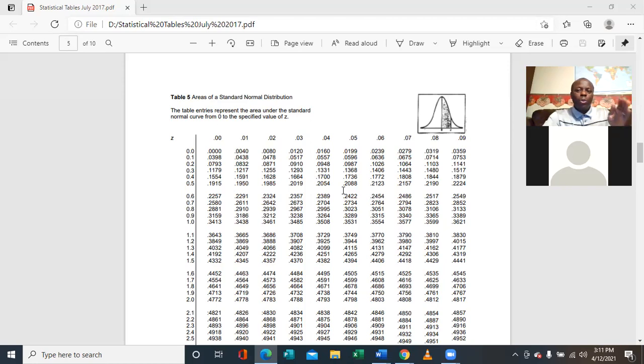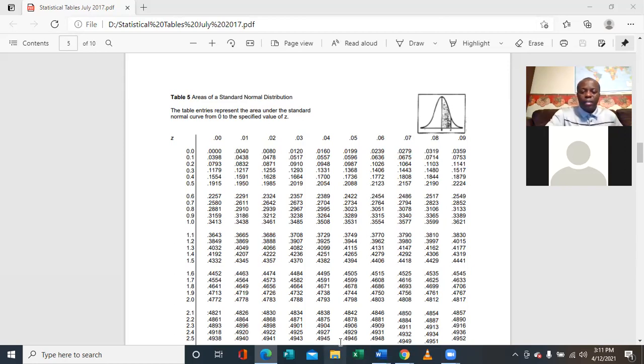I recommend that we use the one we're using in class so that you don't get confused. If you know how to use the other versions, you still get the same results, so use them if you like. But I usually recommend the one we use in class, because each table has its own way of being used.